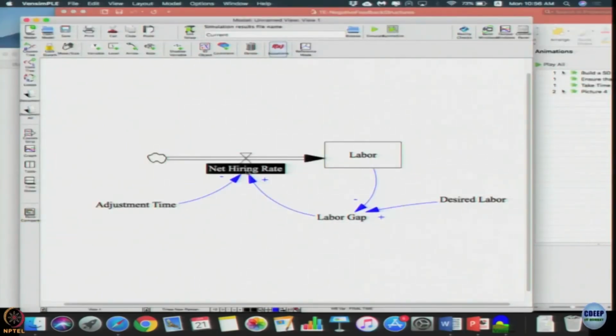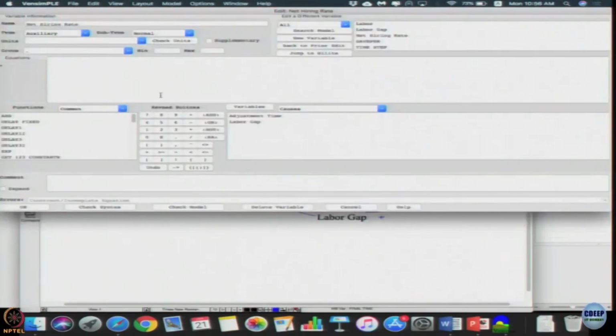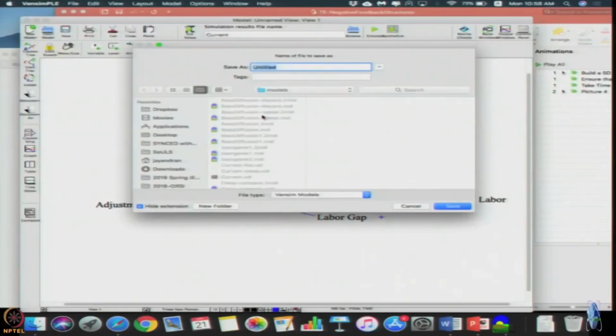The last comes net hiring rate, person per month. Net hiring rate is labor gap divided by adjustment time. Units is person per month. The equation is labor gap divided by adjustment time. I am just going to save the model.